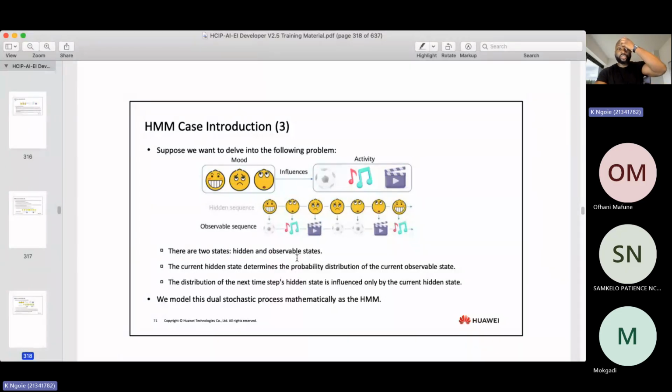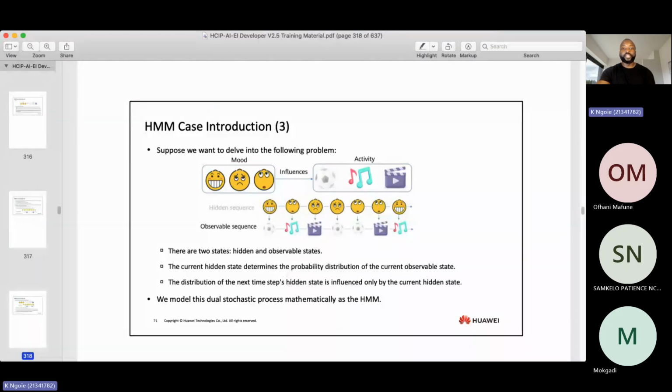So this is going to give us a dual stochastic process, which means we're going to have hidden states that can evolve, and each hidden state will emit an observable state. You understand? So this is how the problem is going to be.